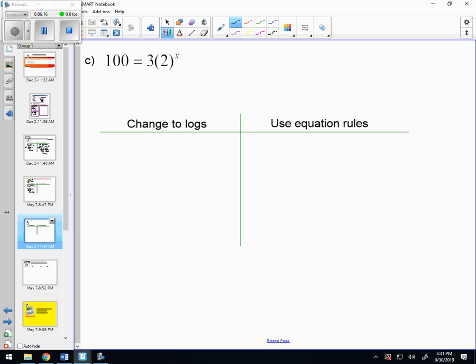All right, next one, we still have to keep in mind that we have to isolate the power first. In this case, this here is my power, just the 2 to the power of x. Everything else needs to be moved. So I'm going to move the 3 to the other side by first dividing by 3.